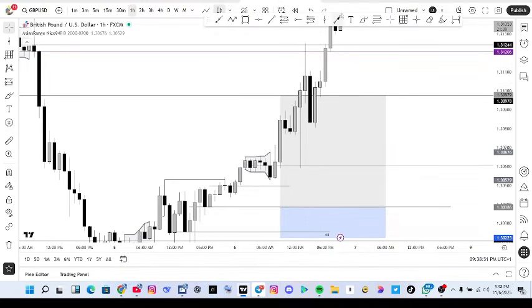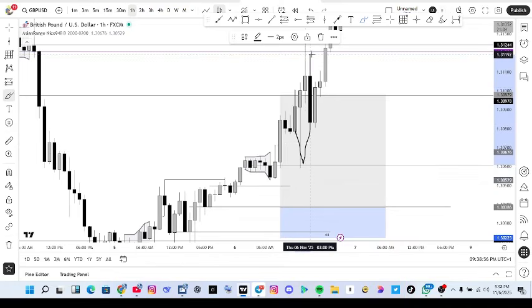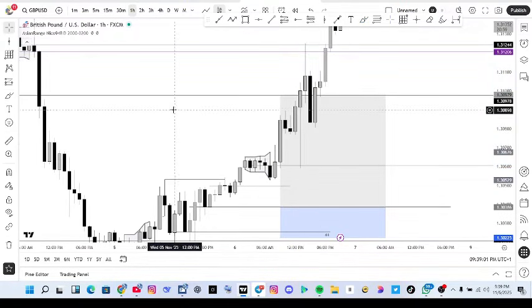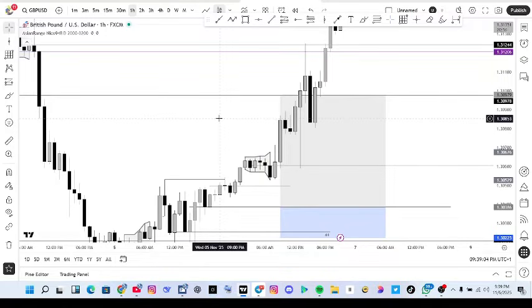You see what happened? The market just came down with speed and zoomed up because the result was good for the currency. This is GBP USD. The news was on GBP. Since the result is good for GBP, GBP will be stronger than USD. That's why the market just spiked up.